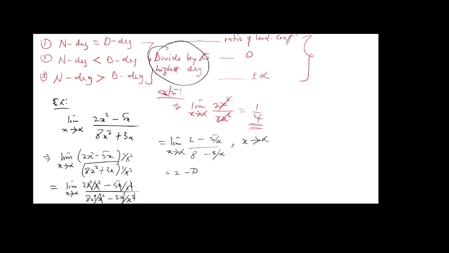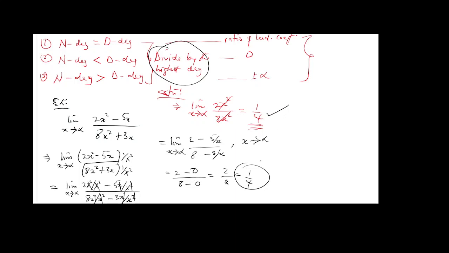Increase it, 5 divided by 1 million, and it's still going to give you nearly 0, and so on. So this gives us 2 all over 8 minus 0, which is the ratio of the leading coefficients, 2 over 8, which is equal to 1 over 4. You see, the shortcut always works, anytime, any day.